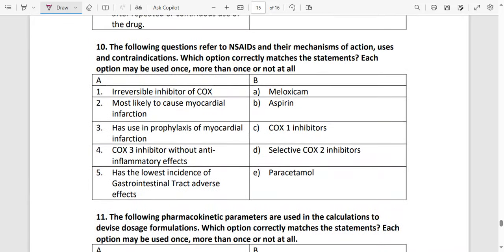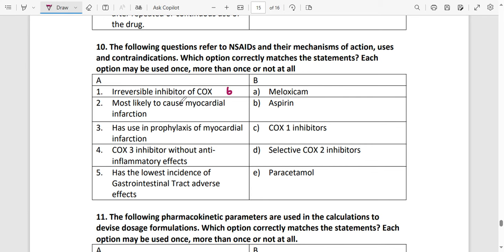Second from last question. The following questions refer to NSAIDs and their mechanism of action. Irreversible inhibitor of COX. Which one? Meloxicam, aspirin, COX-1 inhibitor, selective COX-2 inhibitor, paracetamol. Okay, so aspirin is irreversible. Thank you.